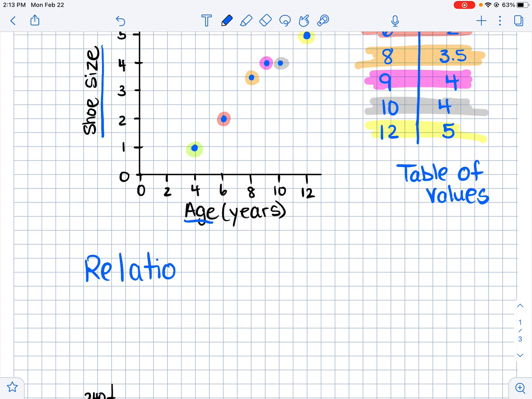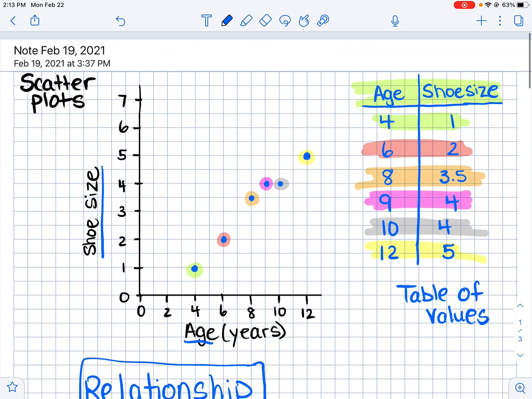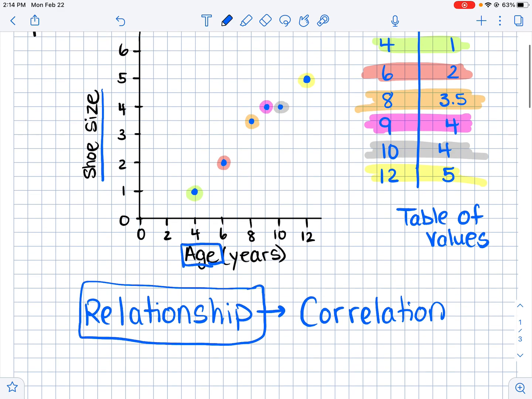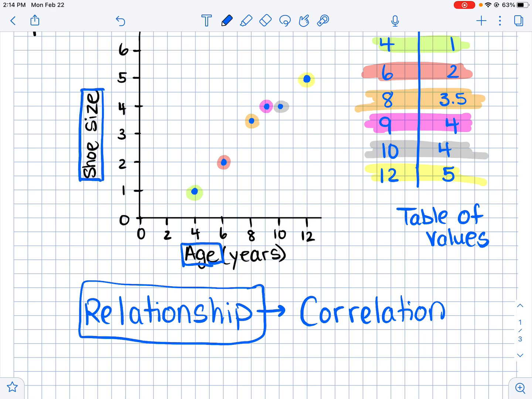What is the relationship? We made a new word for this. We called it correlation. How are age and shoe size related?